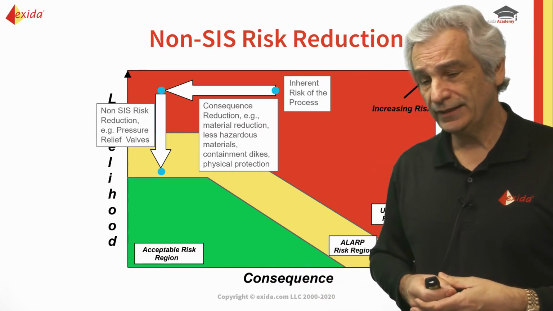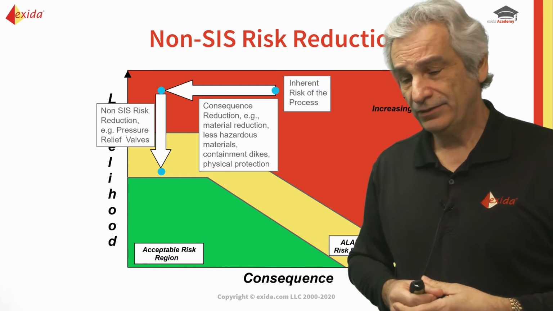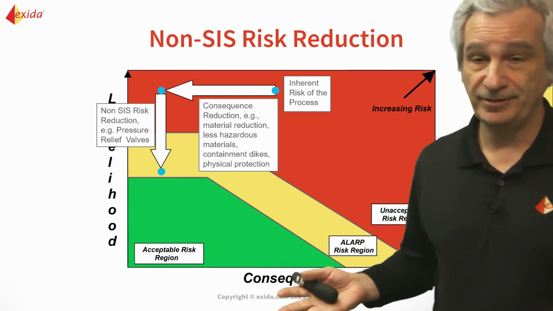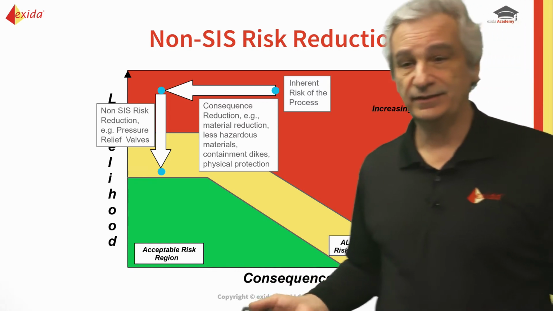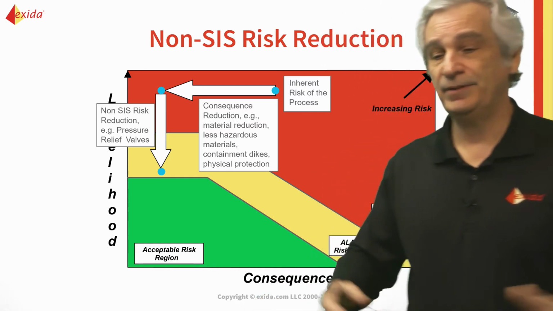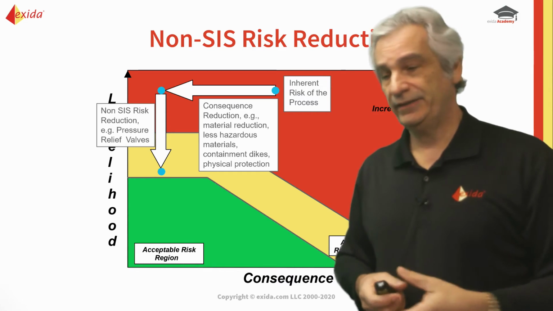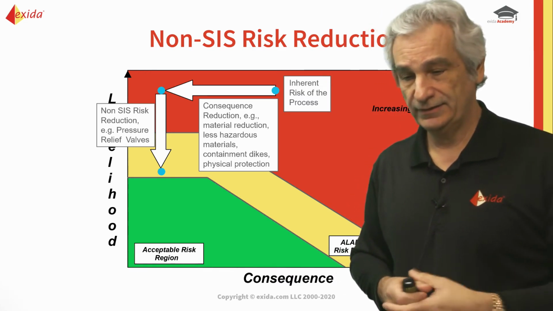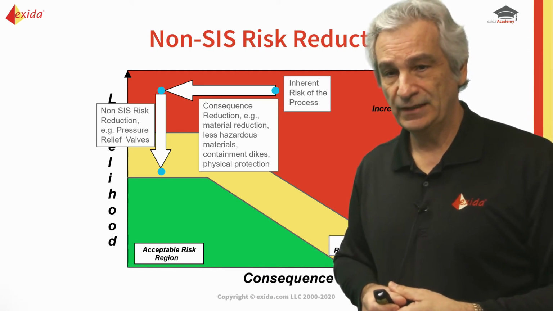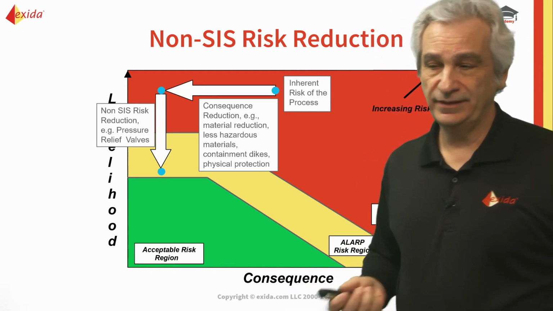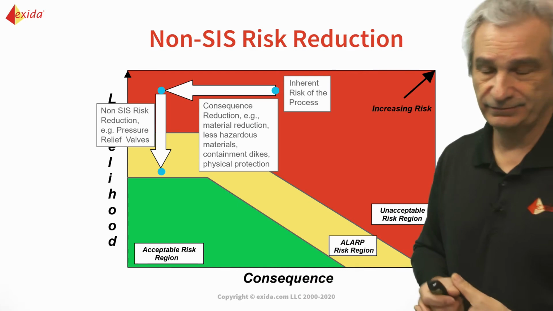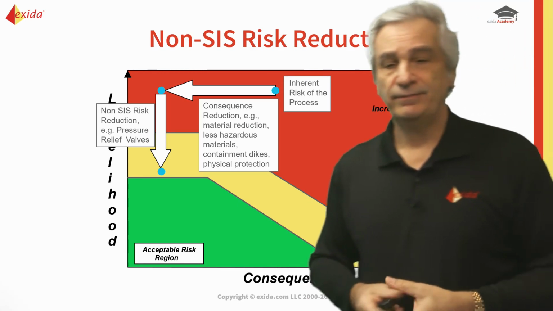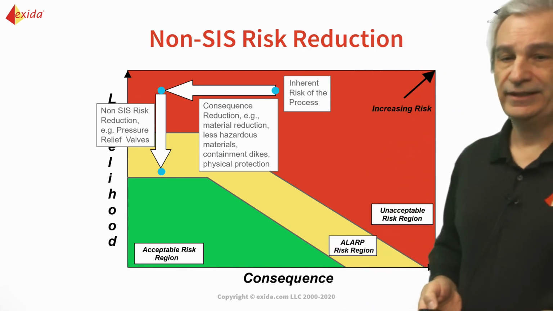So if you've got a toxic material or even a corrosive material that could leak, then you want to have maybe some bunds or dikes on site that can contain that and keep it from getting into the water system or the local area. And then we can use non-SIS forms of risk reduction, for example, pressure, mechanical relief. So we can move ourselves down into ALARP.